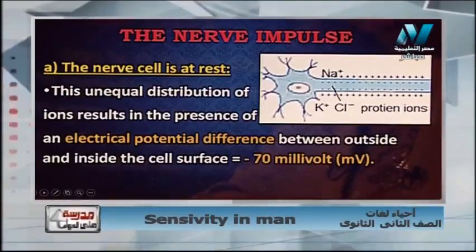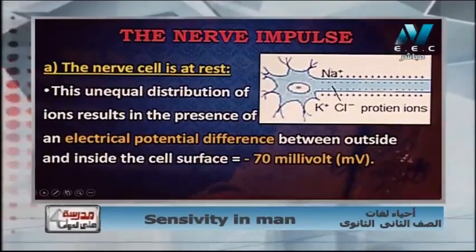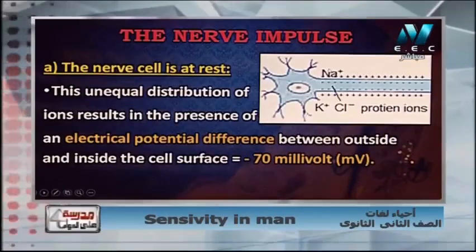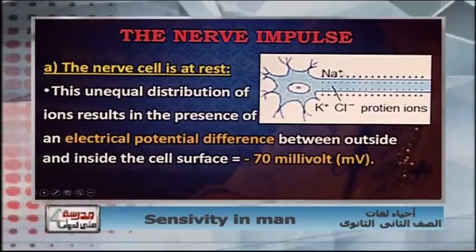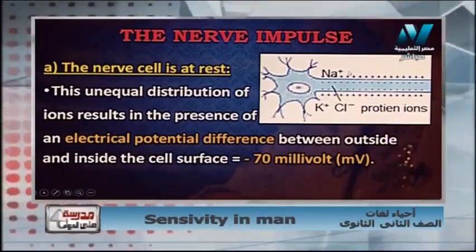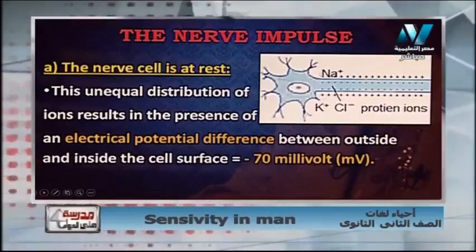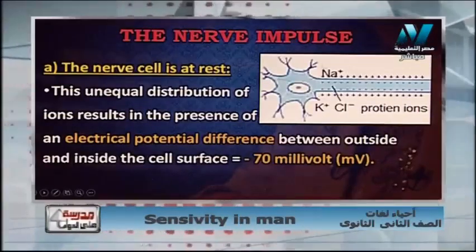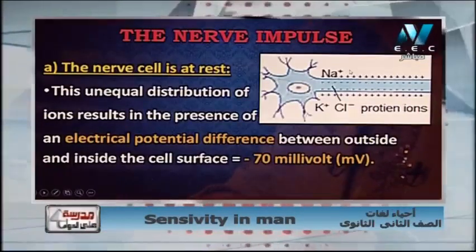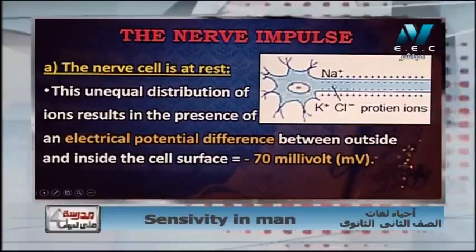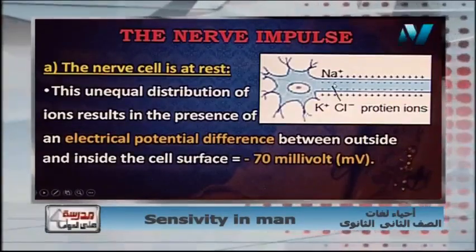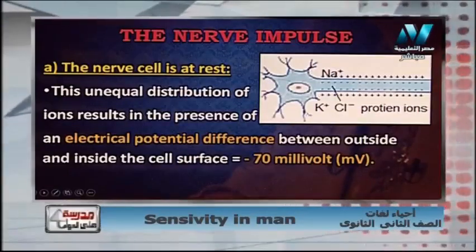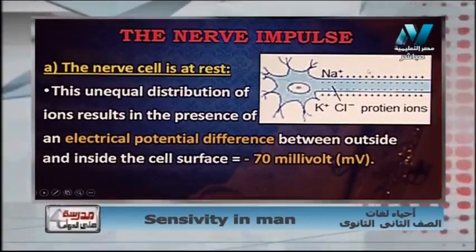The presence of the positive charges outside is due to the presence of sodium ions. And the amount of sodium ions outside is 10 to 15 times more than their presence inside the nerve cell. So they accumulate outside.